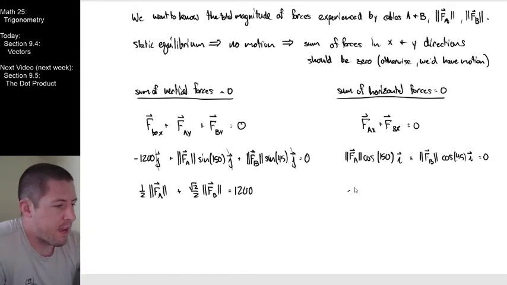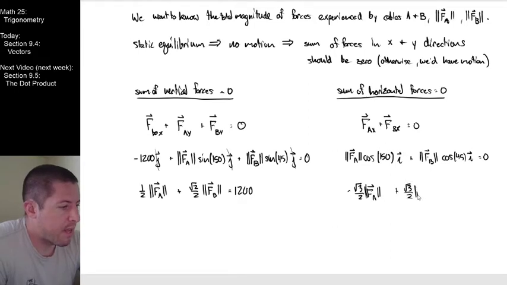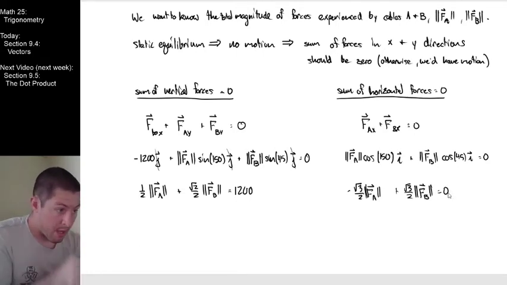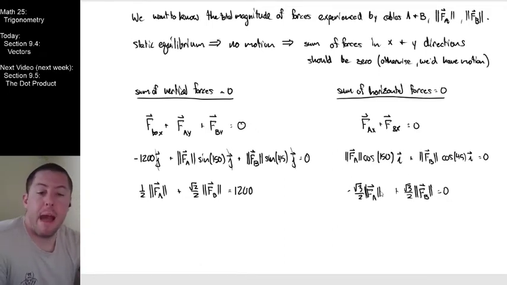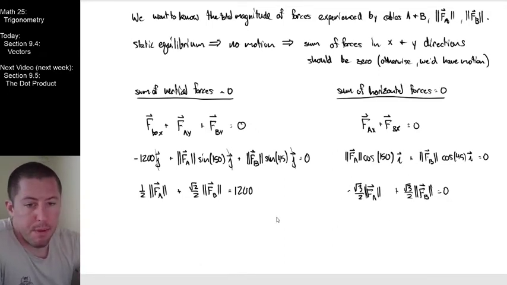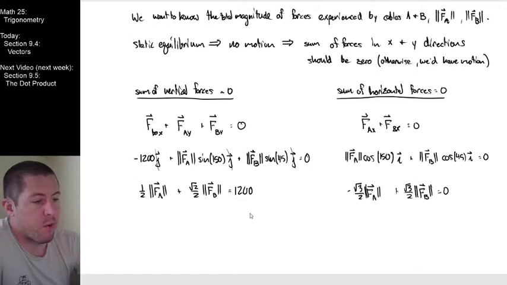So I can write this as negative root 3 over 2 times the magnitude of FA. Cosine of 45 should be plus root 3 over 2 times the magnitude of the force experienced by cable B. And those should be equal to 0. So my goal is now to solve for the magnitudes associated with cable A and cable B, and it looks like we have a system of equations we can solve.